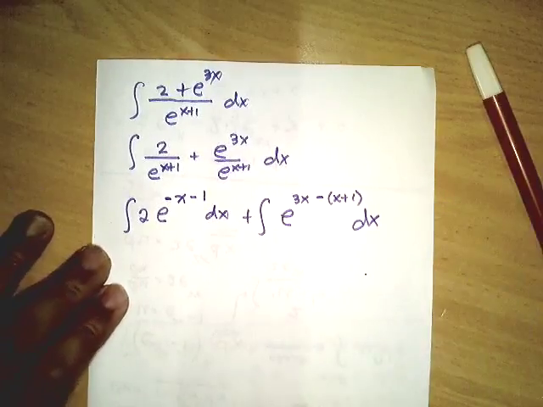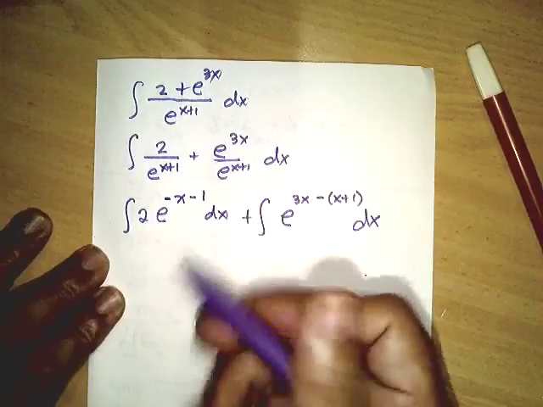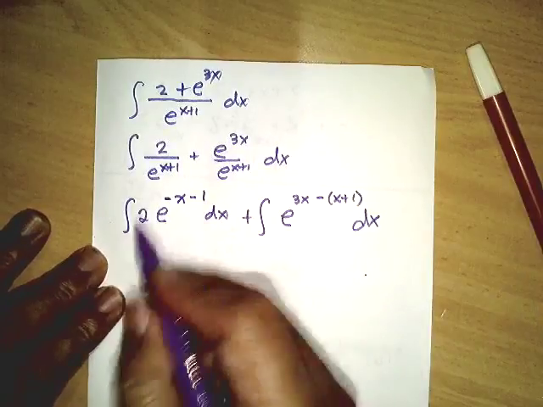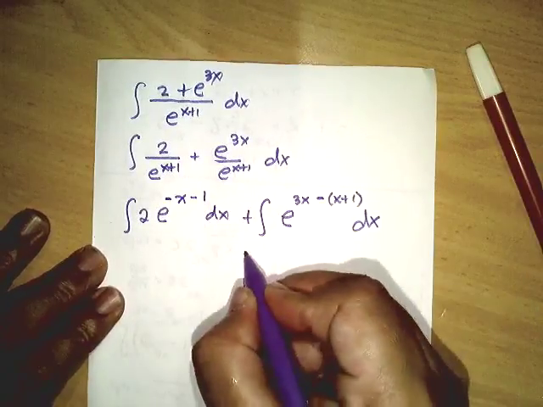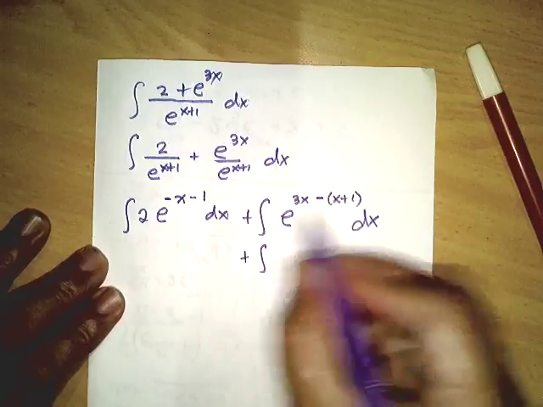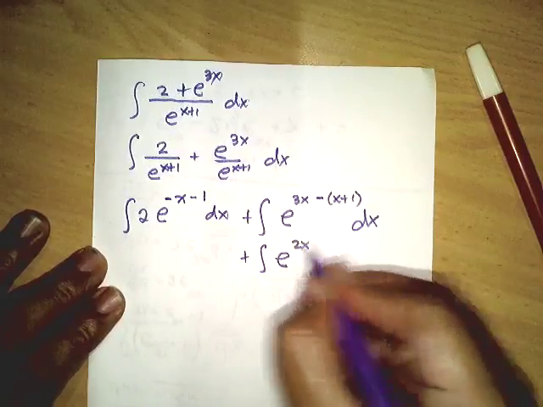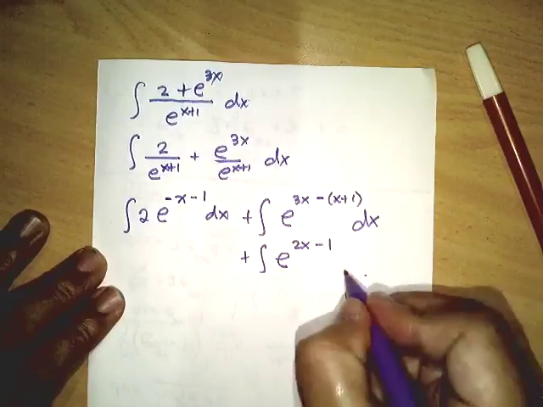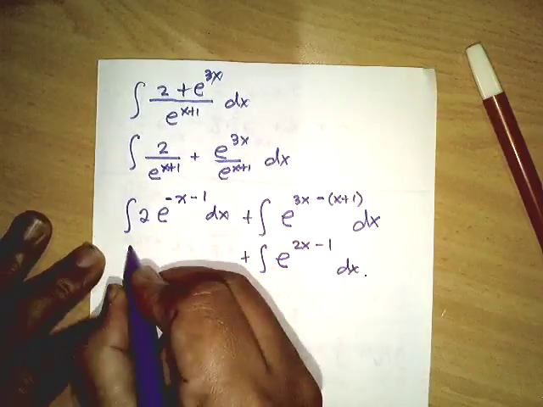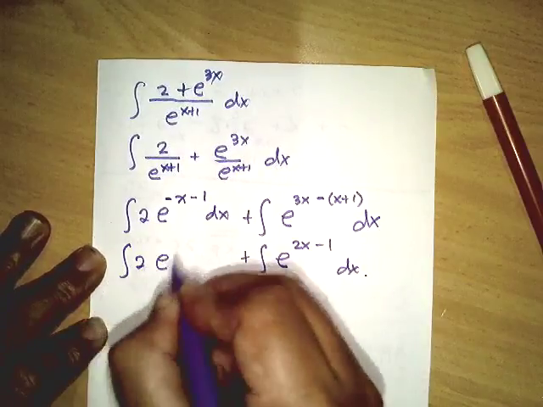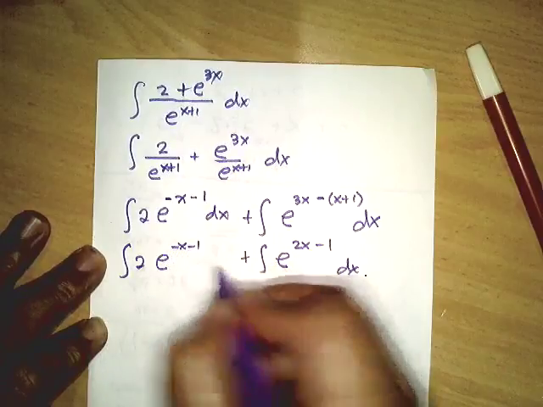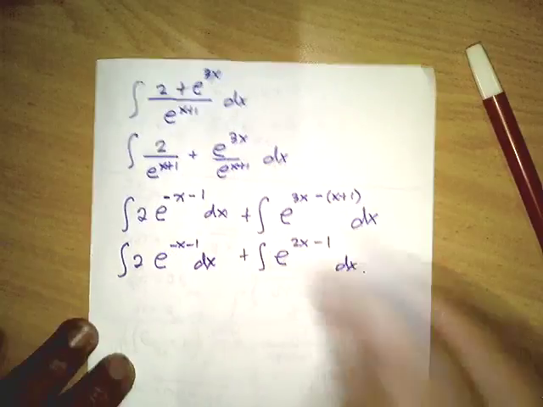So this can be integrated now, but this one, let us simplify this further. So that is now e to the 2x minus 1 dx. This one is 2e to the negative x minus 1 dx.